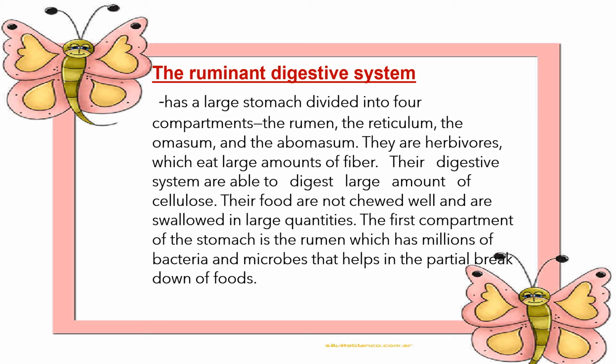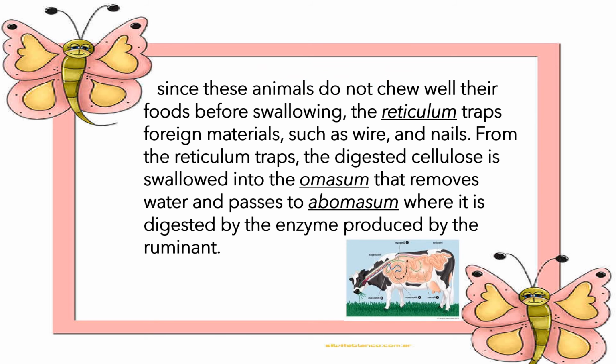It is the first compartment of the stomach, called the rumen, which has millions of bacteria and microbes that help in partial breaking down of foods. Then, since these animals do not chew their foods well before swallowing, it passes again to the next, which is the reticulum. The reticulum traps foreign materials such as wire and nails.